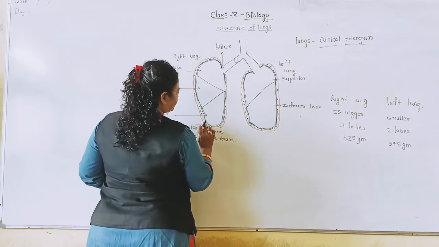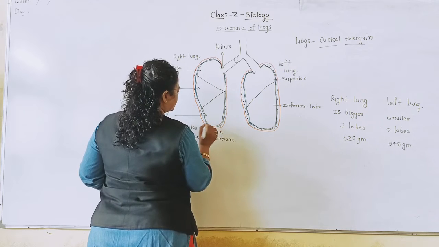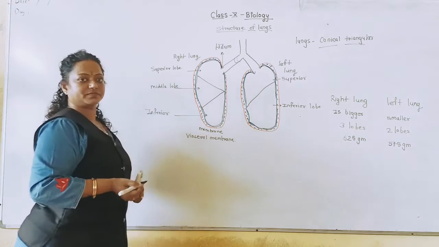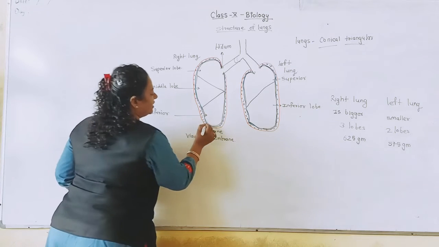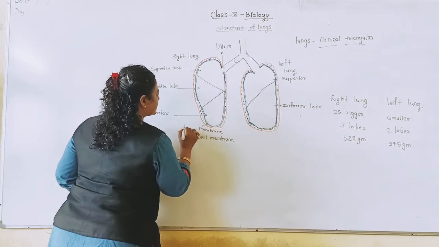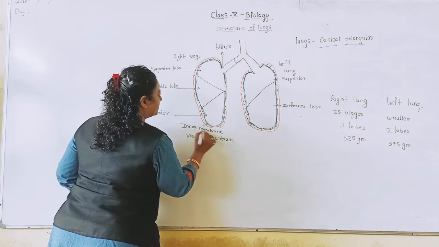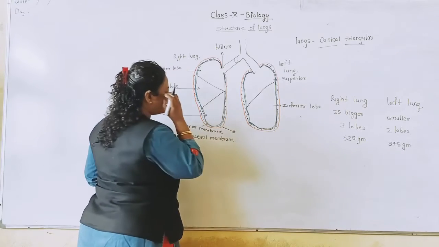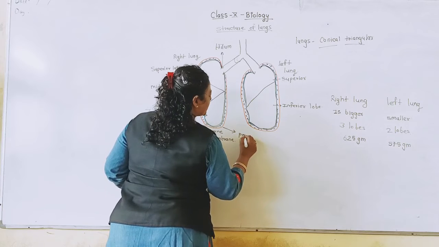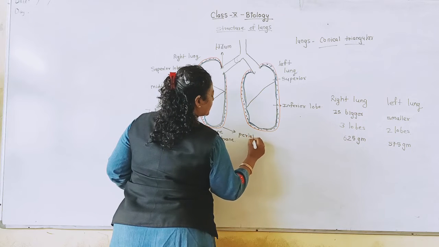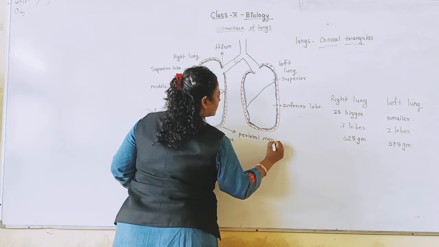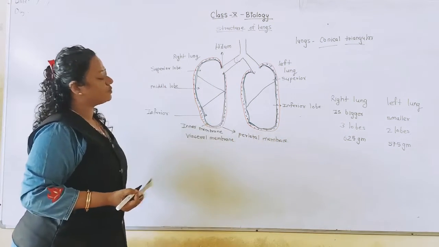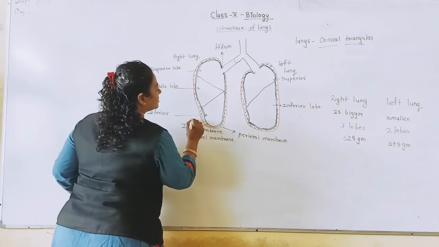And the inner membrane is called the visceral membrane, and the outer membrane is called the parietal membrane. Called what? Parietal membrane. And in between these 2 membranes there will be fluid.